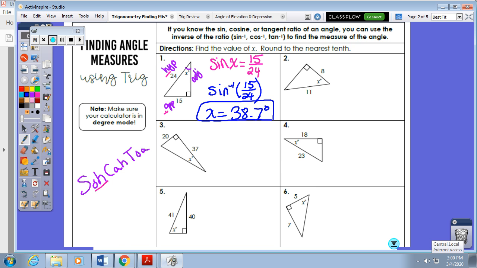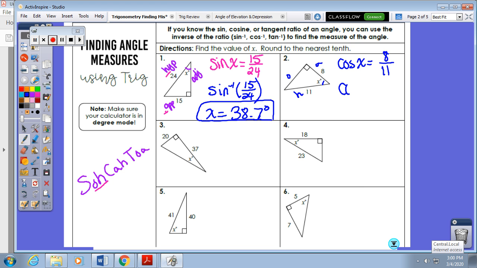Alright, let's try number 2. Now if we stand here, we have opposite, adjacent, hypotenuse. So we have adjacent over hypotenuse, which gives us cosine. So cosine of x, we're looking for the angle measure again, is equal to 8 over 11.